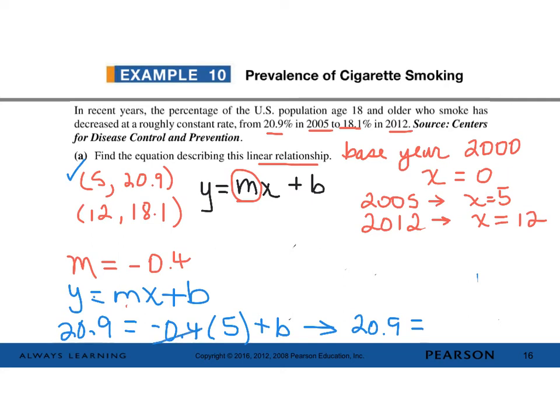Since we know that negative 0.4 times 5 is negative 2, and we want to move that over, I'm going to add 2 to both sides. When I add 2 to negative 2, that's going to disappear and leave me with b. So we see here that 20.9 plus 2 is 22.9 is equal to b.